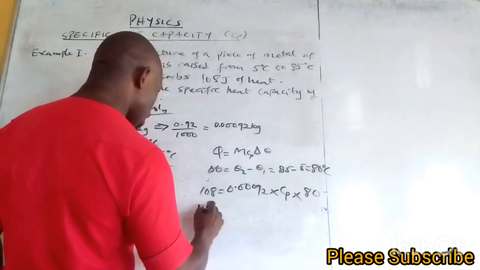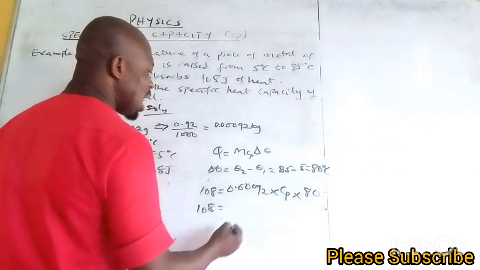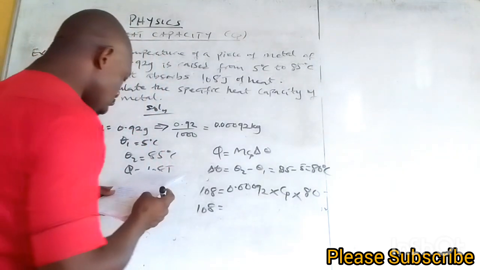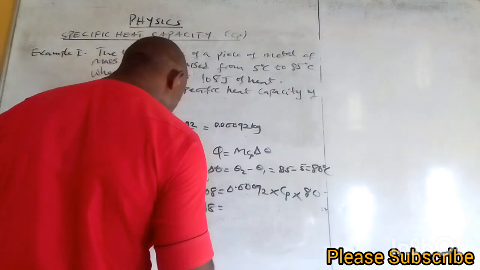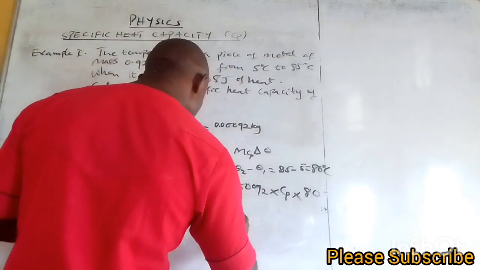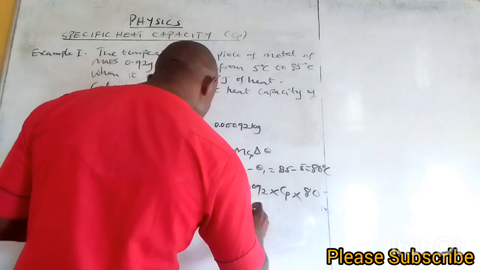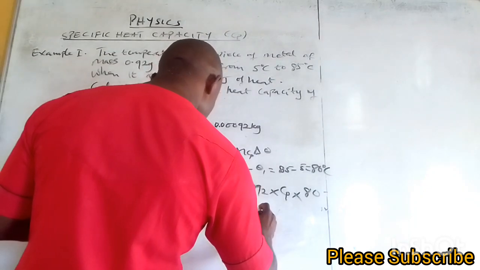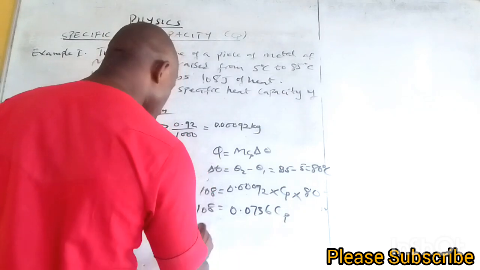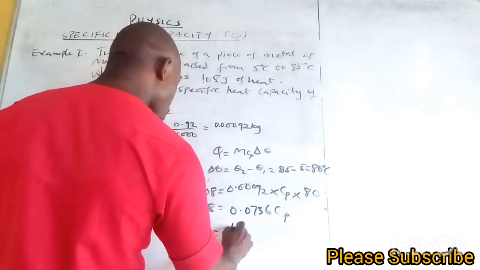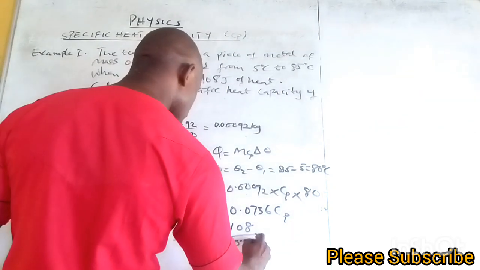108 equals 0.00092 times Cp times 80, which will give us, by calculation, 0.0736 Cp. Now let's make Cp the subject. Cp will give us 108 all over 0.0736.